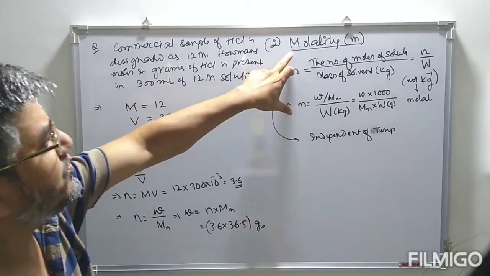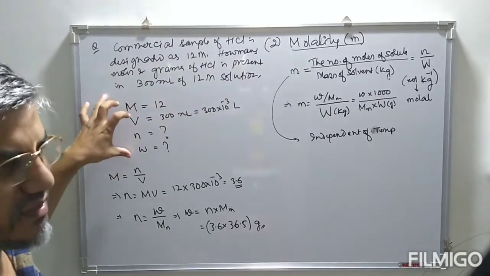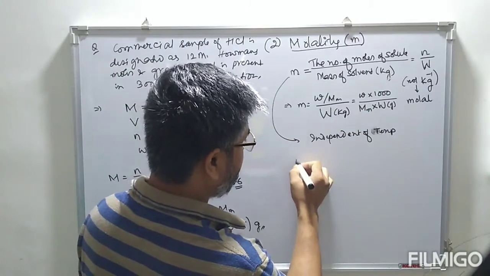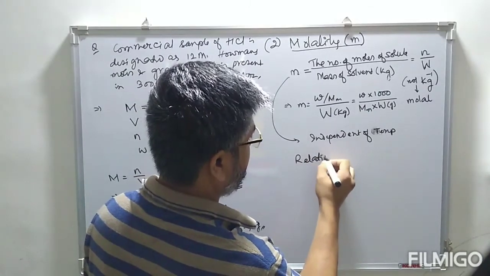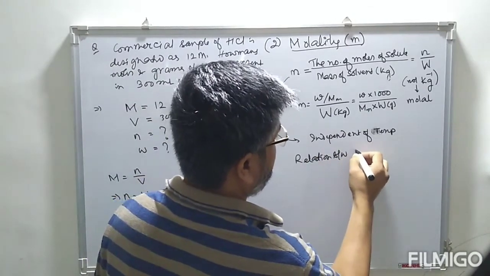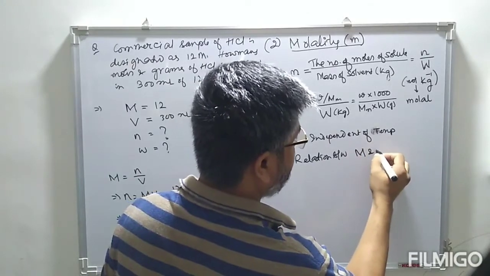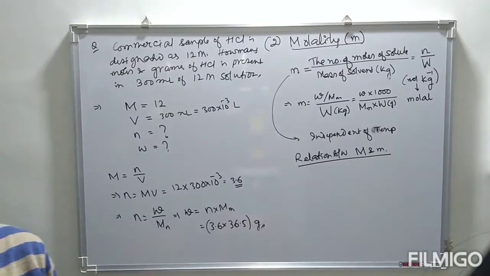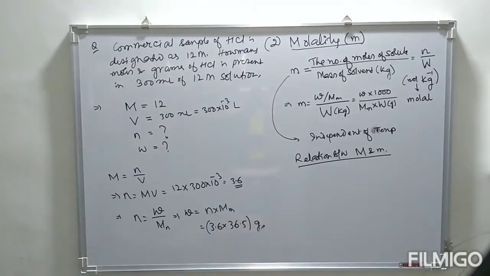Now, molality and molarity are related to each other. So we have to find the relation between molality and the molarity of the given solution.